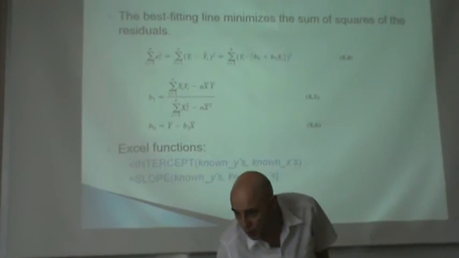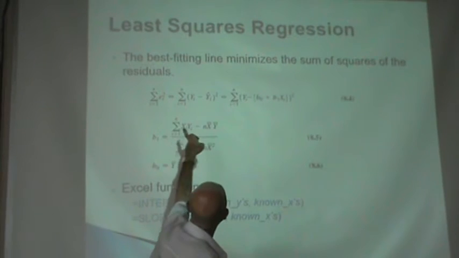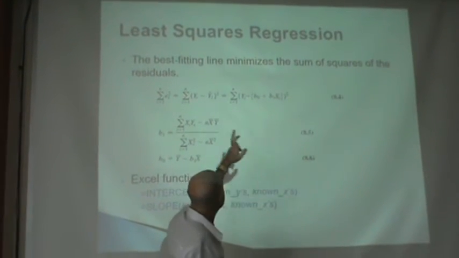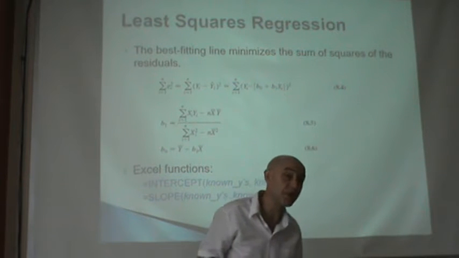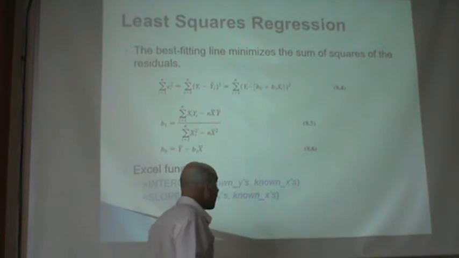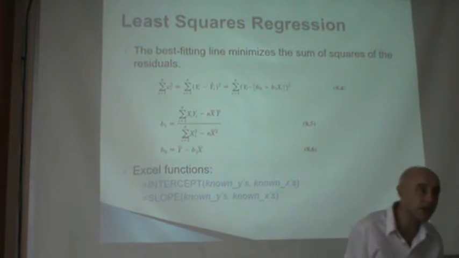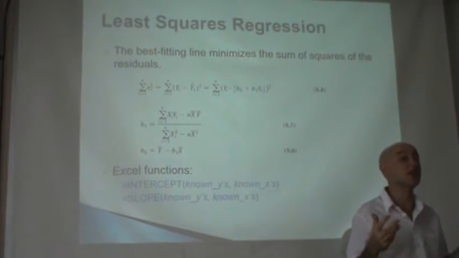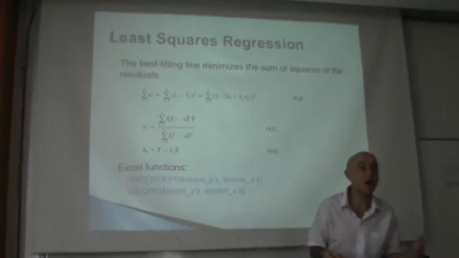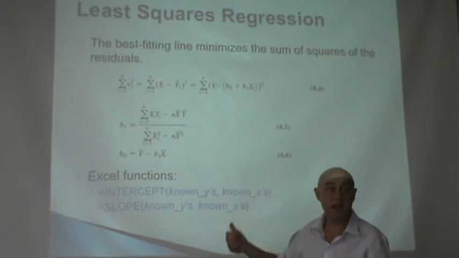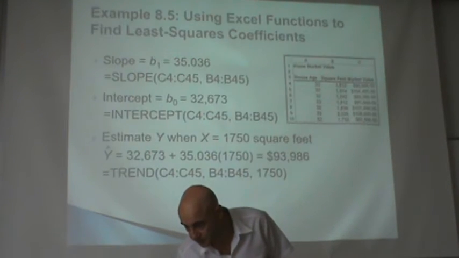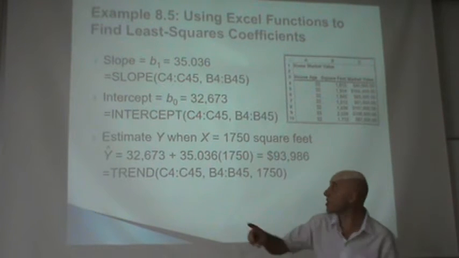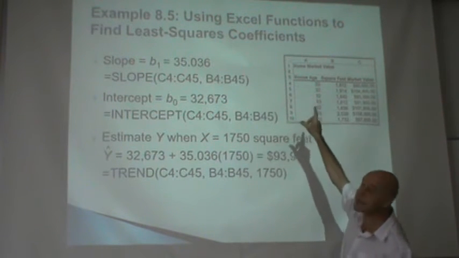The least squares is usually calculated with what looks like a complicated formula, but it's relatively simple, relatively straightforward, and for you it's all done in a tenth of a second in the software, both Excel and the PSPP software.